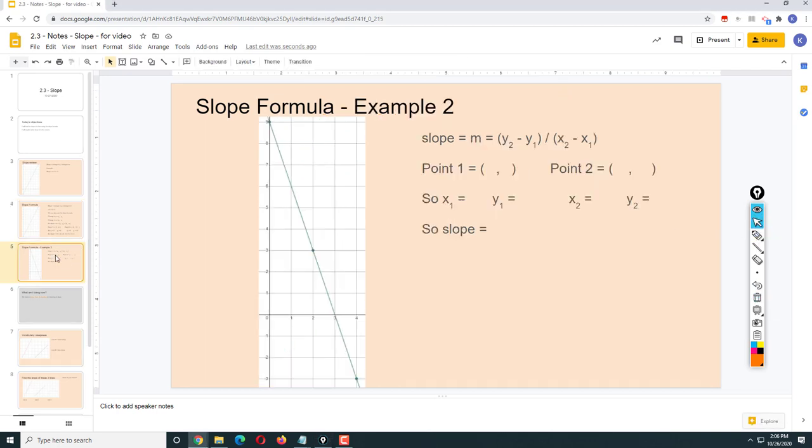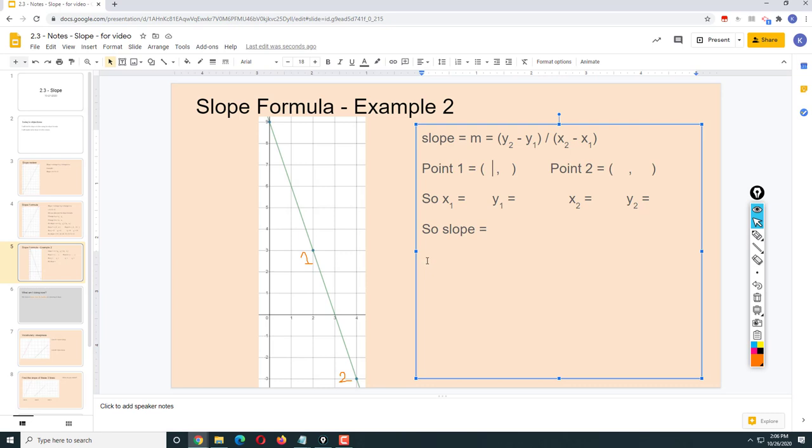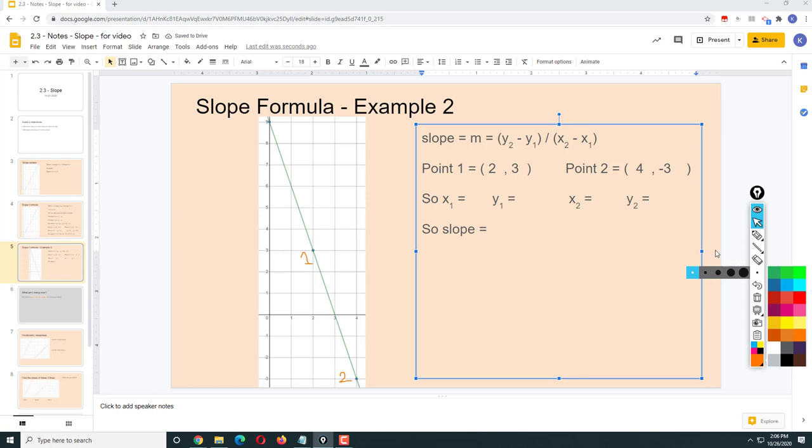Okay. One more example with the slope formula. Let's pick 2 points. Let's say that this is point 1 and this is point 2. Then point 1 is 2, 3, and point 2 is 4, negative 3. Remember that x is always first, y is always second. Then x1 is 2, y1 is 3, x2 is 4, y2 is negative 3.